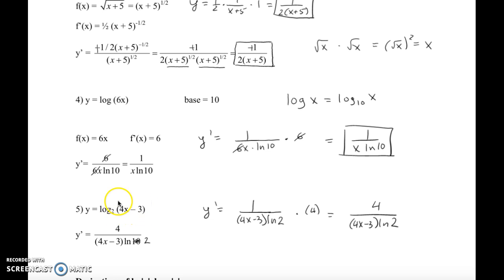So this 4x minus 3 is our x, comes in front. We have ln of the base, which is 2, in the denominator. And then we're going to multiply that by the derivative of the 4x minus 3, which is just 4.